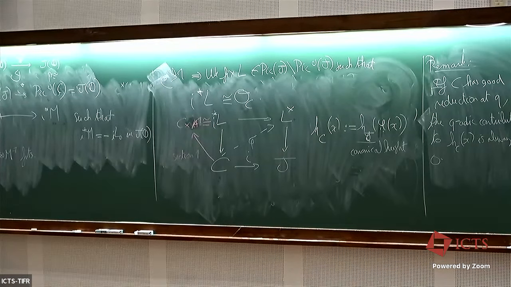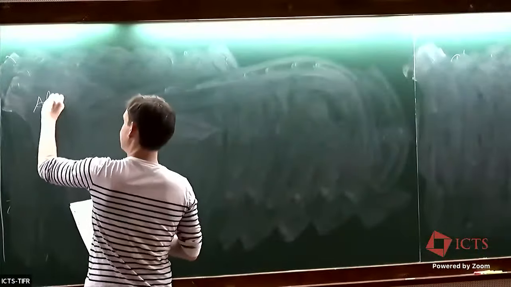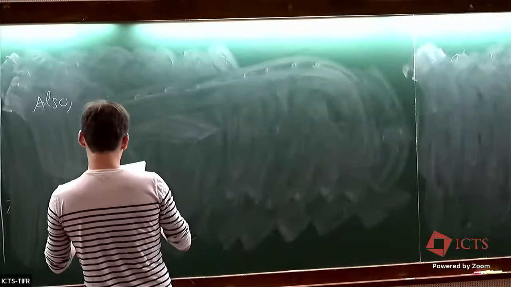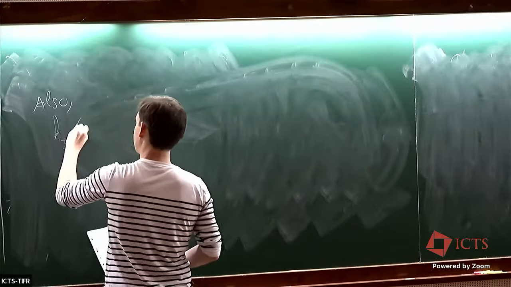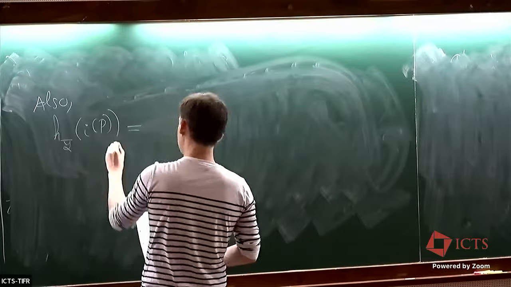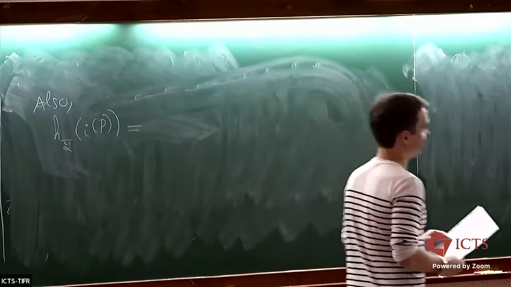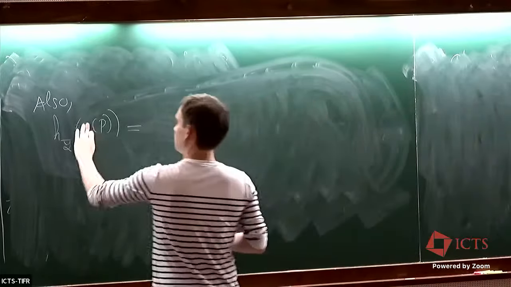So once you have this, you can also write here H L bar of iota of P. So it's not exactly iota, it's phi of P here.